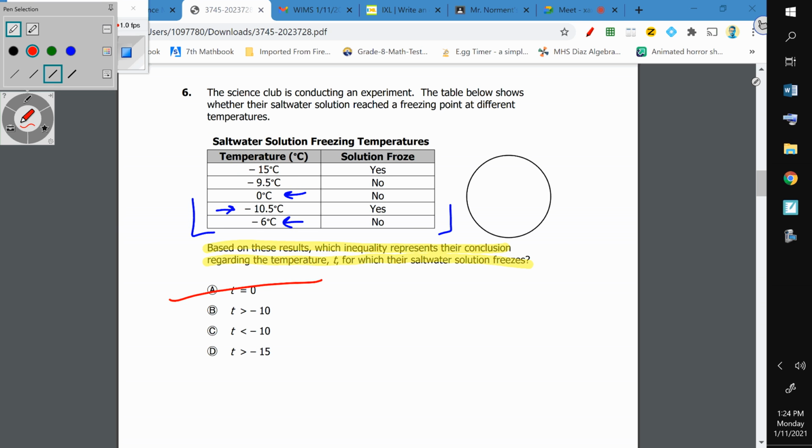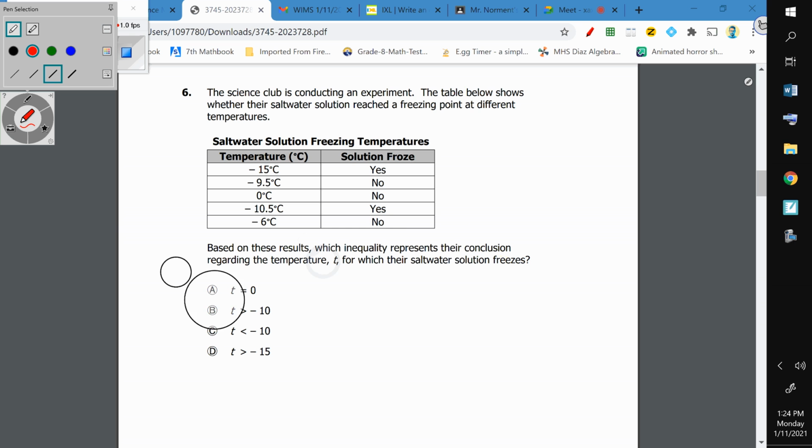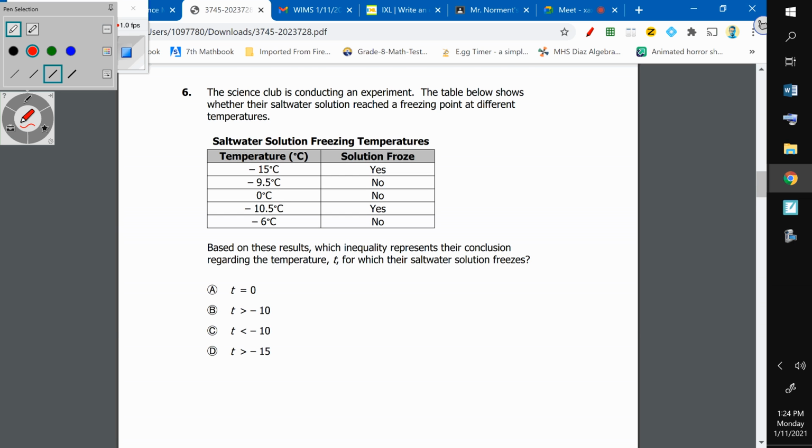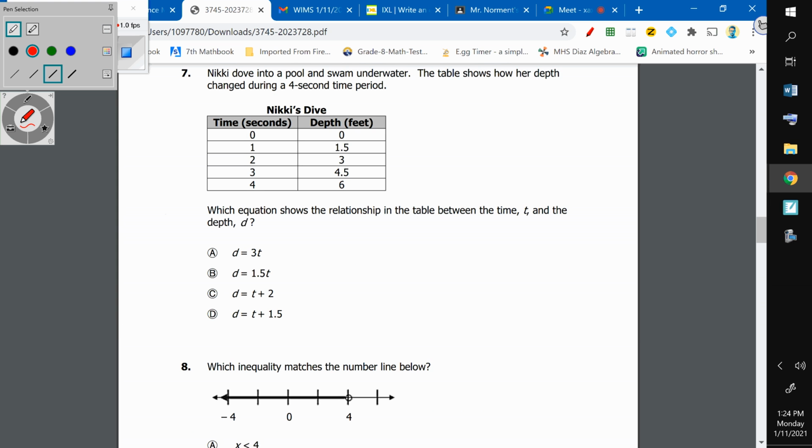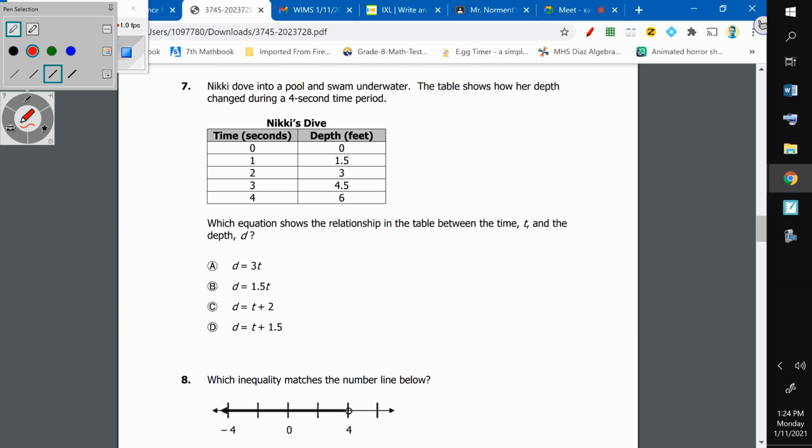Number 7. You can pause and think about it before you go on to the next one for every single one of these. Number 7. About halfway through, Nikki dove into a pool and swam underwater. The table shows how her depth changed during a 4-second time period.